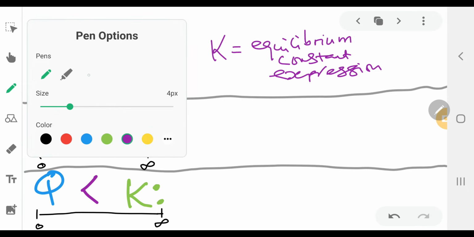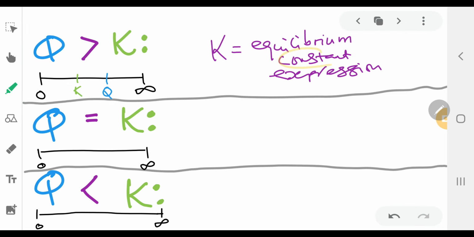So when you have the word constant over here, that means K value is the one that will stay. K value is the one that will be staying there. It will not change unless you change the temperature. Yes, K can change. But assuming that the temperature does not change, in order for you to get Q to be equivalent to K, the reaction needs to move.